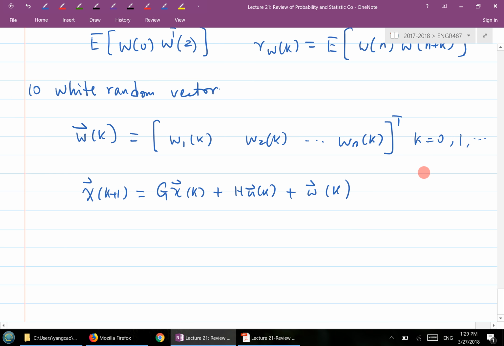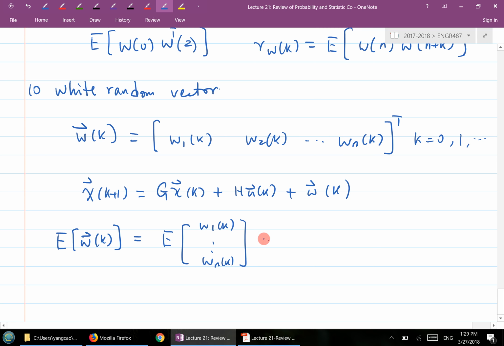A couple of statistics are related here. What is the expected value of this random vector? You're basically looking at the expected value of all of the random variables inside this vector.